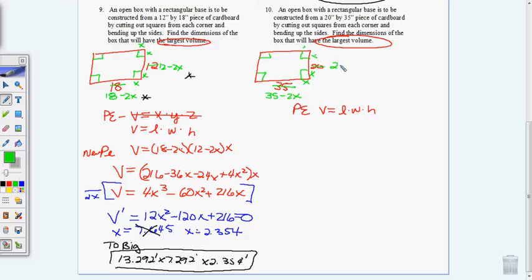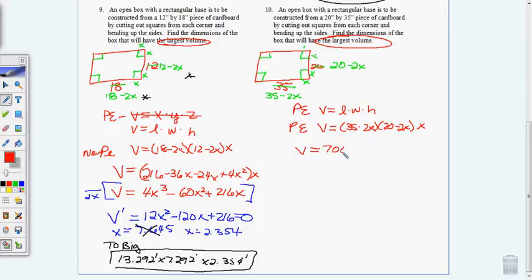20 is no longer the side length, but 20 minus 2x. So now when I plug it into this primary equation, I get volume equals 35 minus 2x times 20 minus 2x, and then the height, when you flip it up, is just that x. Again, I will not take the derivative of that. I am going to FOIL that out.